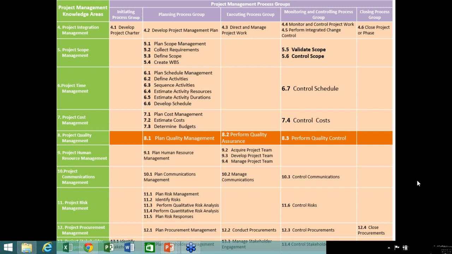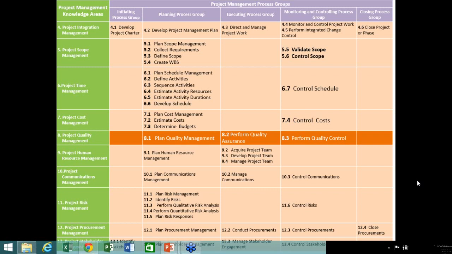Now look here, in the execution process group, we have perform quality assurance. After integration management, in which we had direct and manage project work as part of execution, we discussed scope. There was nothing in execution. After that, we discussed time. Again, there was nothing in execution. Then cost, nothing in execution.